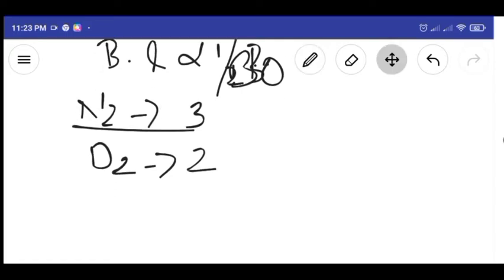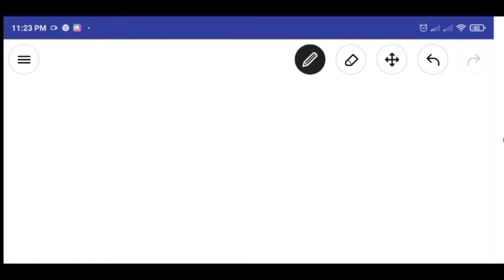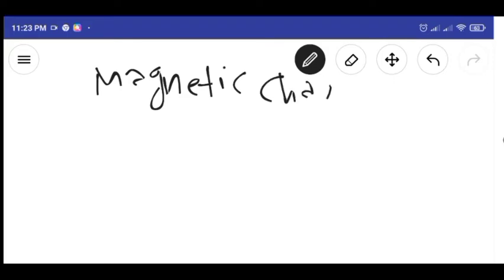The next topic is also very important, that is magnetic character. All molecules have their own magnetic character. How can we predict the magnetic character?